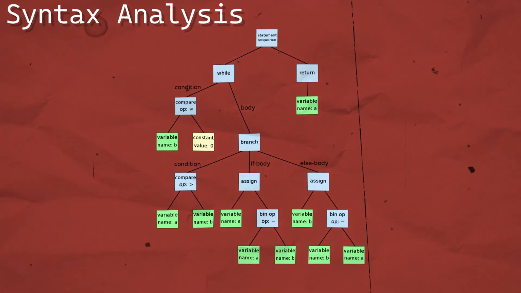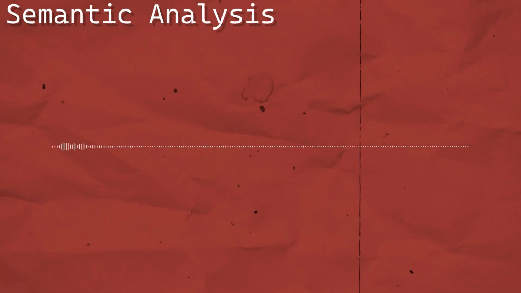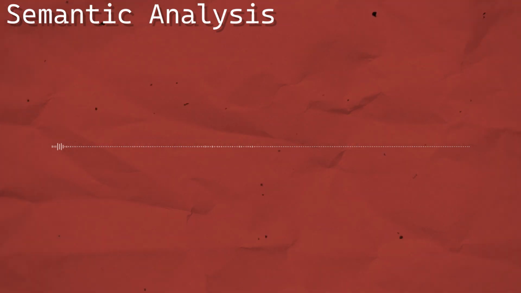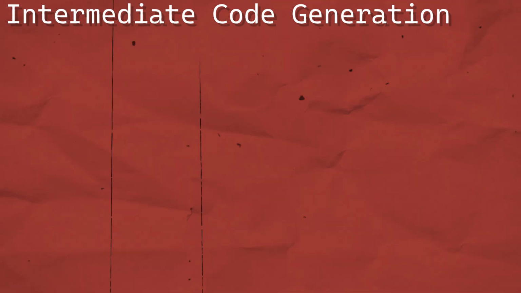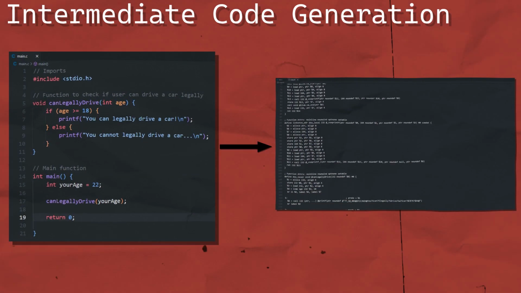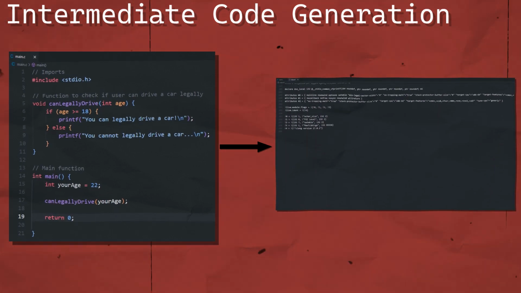It ensures that everything fits together properly, following the language's rules. This stage goes beyond the syntax and checks the meaning of our code. It verifies variable declaration, data types and function calls, making sure our code makes sense. After checking that our code makes sense, the compiler creates an intermediate version of the code. Think of it as a middle ground language between the code that you write and the language that the computer understands.